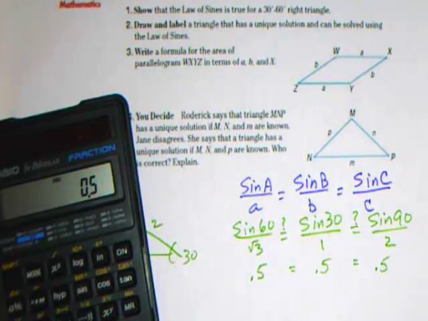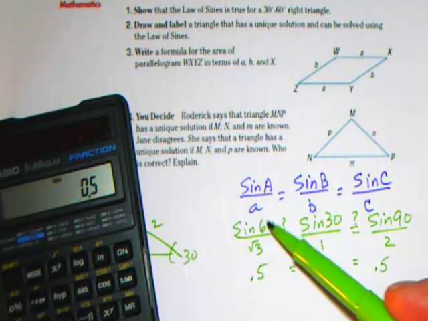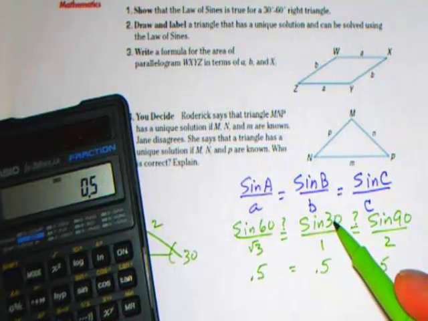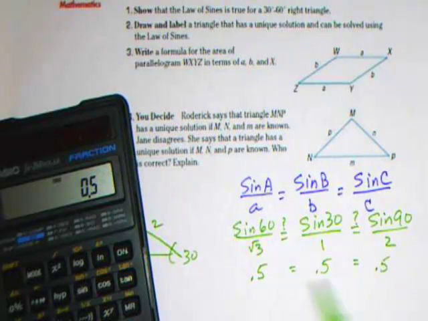So we've shown that the sine of 60 over root 3 is equal to the sine of 30 over 1 is equal to the sine of 90 over 2. And in all those cases, they come out to be 1/2.